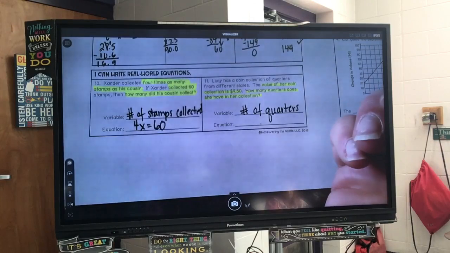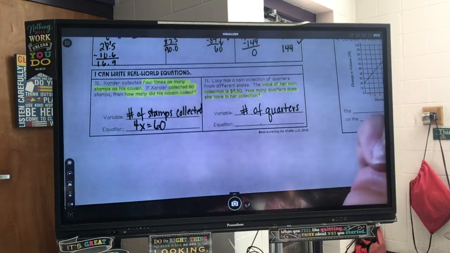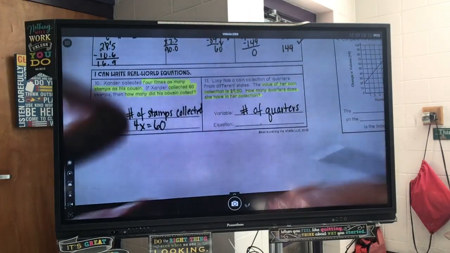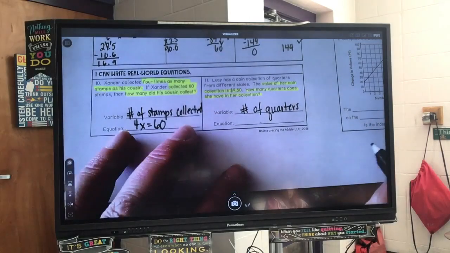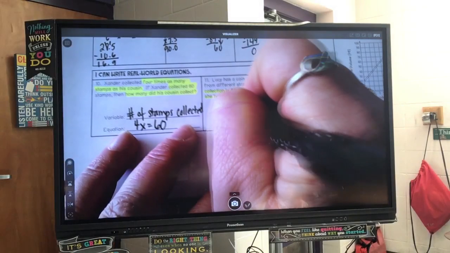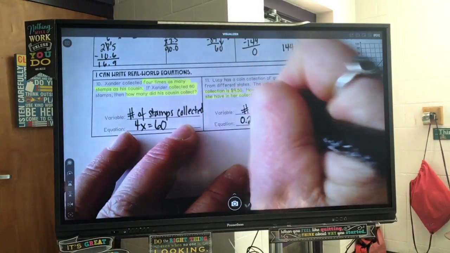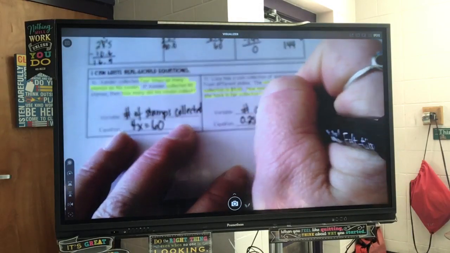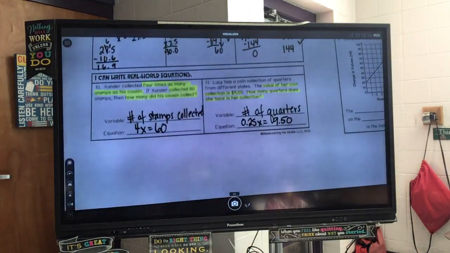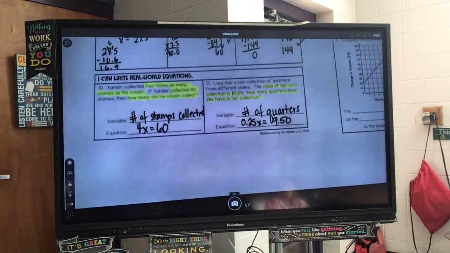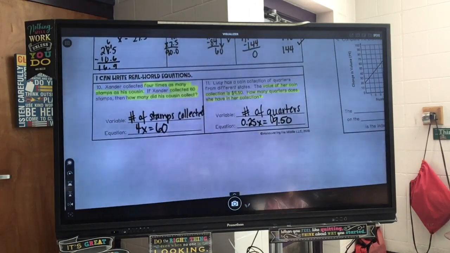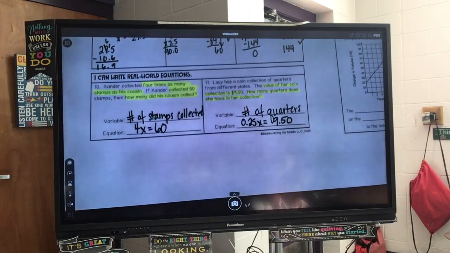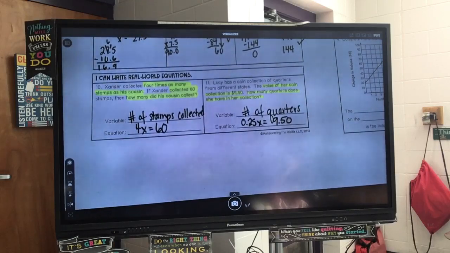Multiplication. It is multiplication, so what did you put in there to multiply? 0.25x equals 9.50. Alright, so how many of you guys did 9.50 divided by 0.25? Alright, so that is the correct way. Please make sure you get it written down.